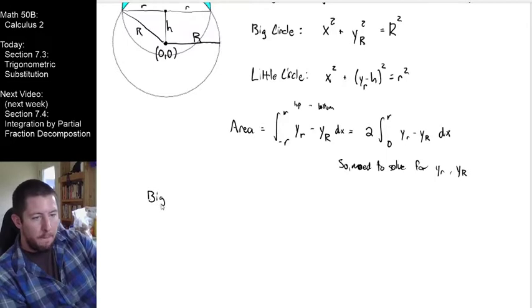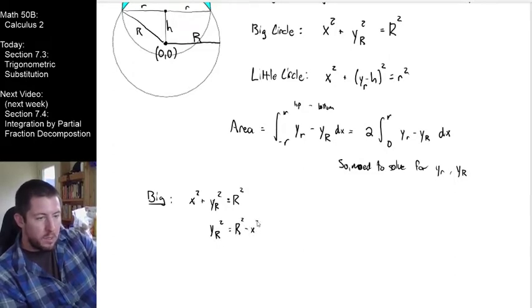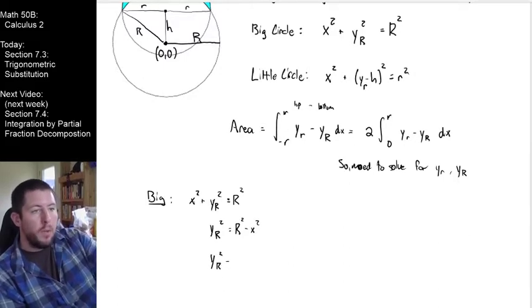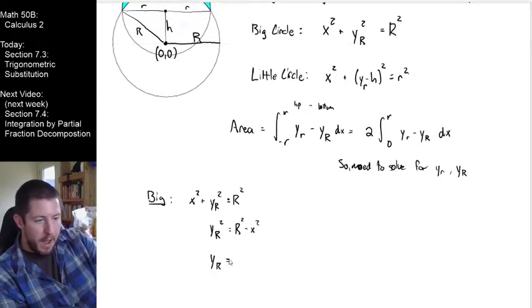So our big one right here, x squared plus y sub R squared equals R squared. y sub R squared is capital R squared minus x squared. Now again, when we go to take our square root on both sides, you know, because you've taken algebra, there should be a plus or minus.